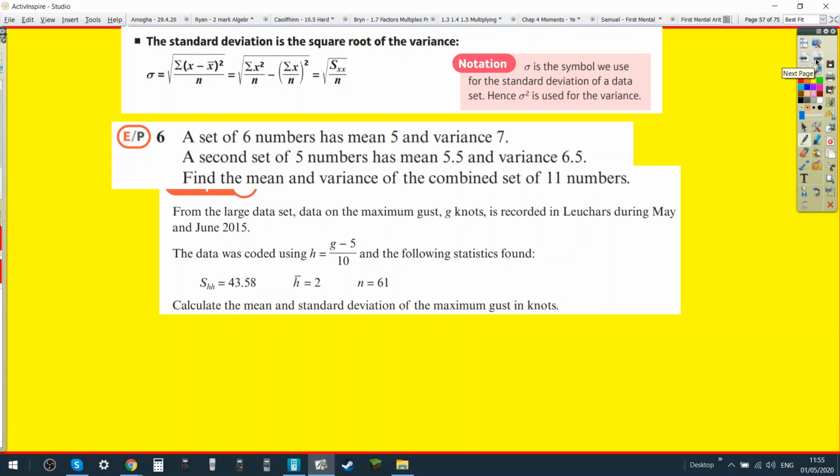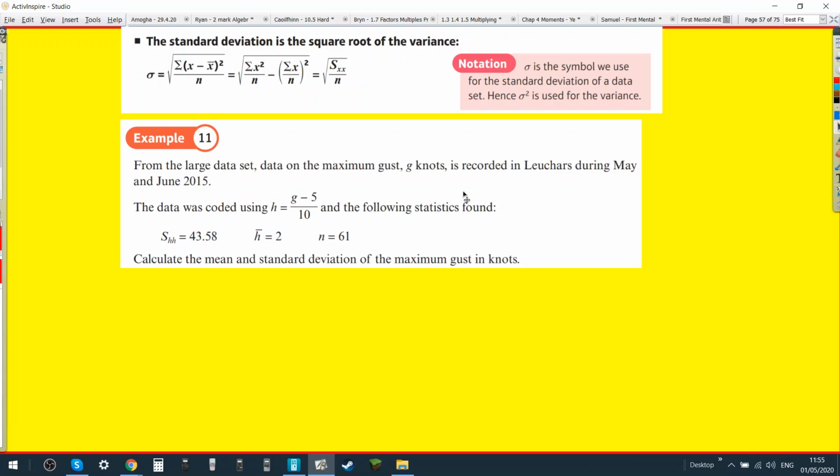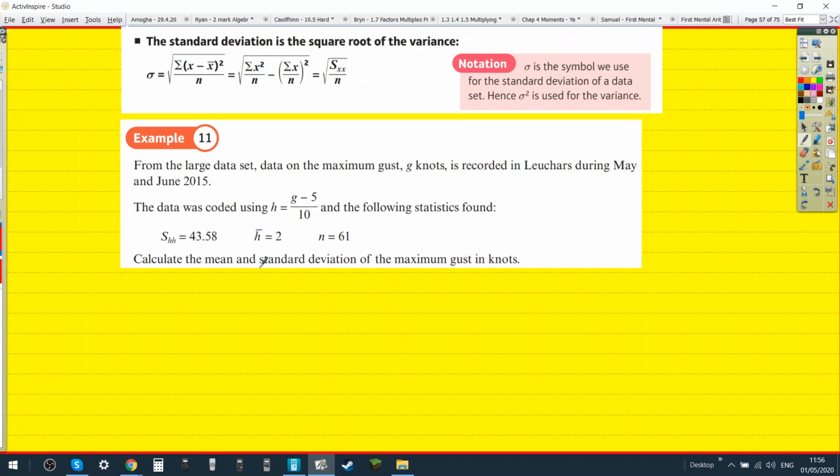This one. Man, this isn't easy. Okay, how about this one? They give you this. They're using H instead of X. Same idea. H bar.